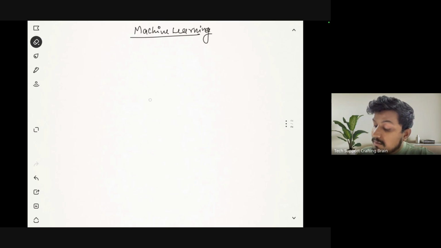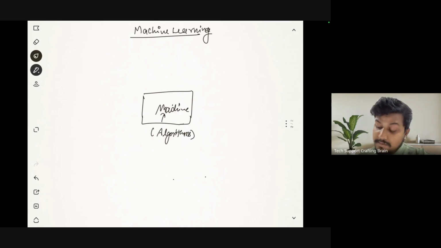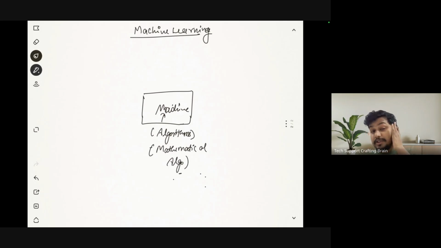Machine learning is nothing but, guys, this is what we call a machine. This machine has an algorithm, a mathematical algorithm. It is a set of mathematical formulas, and inside those mathematical formulas we are trying to feed some data.